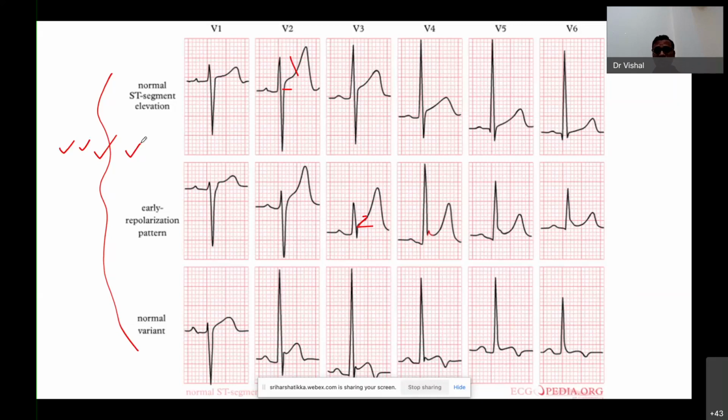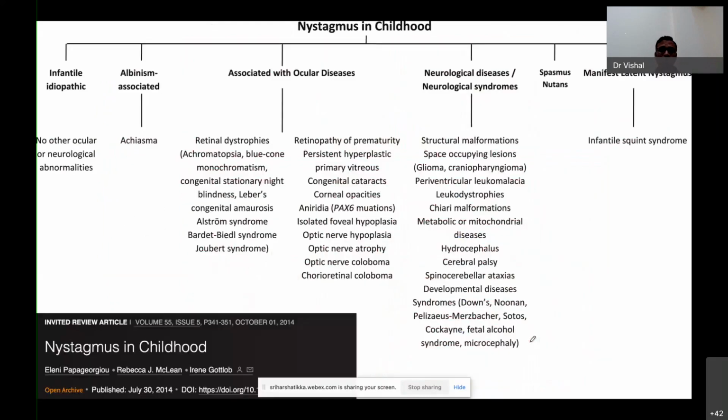Because the ST segment looks elevated, these patients undergo repeated evaluations. So it's very important to know the normal variants and to compare with the previous ECG in case of early repolarization. Similarly, in case of congenital nystagmus, we should compare with the earlier stage, and we should ask the patient whether they had a similar history in the past, whether they had these eye movements from the beginning.